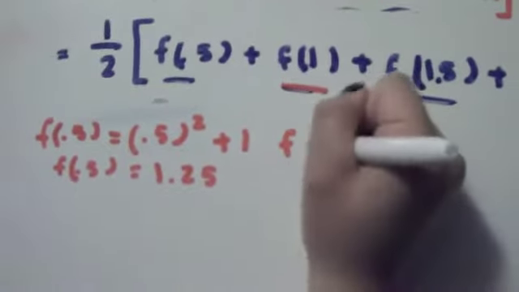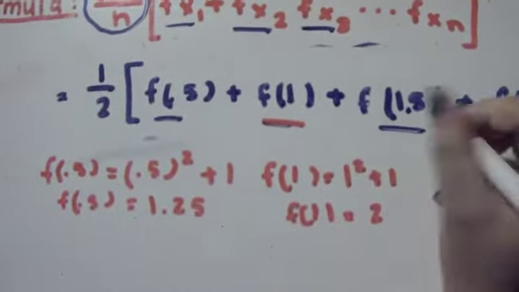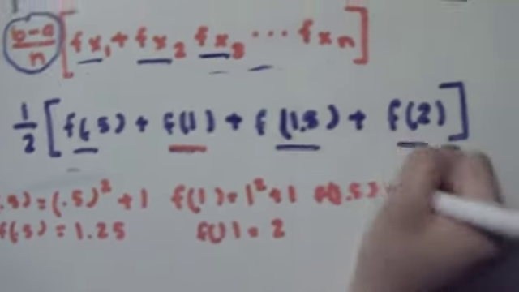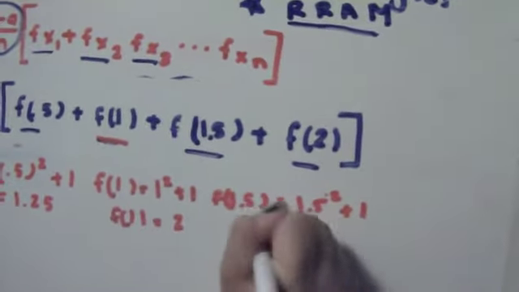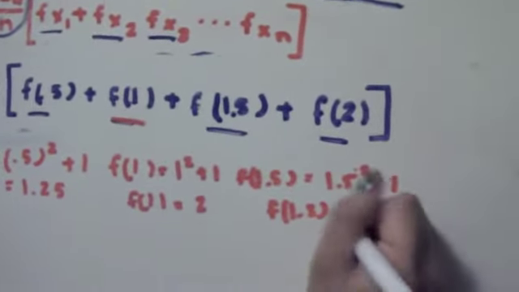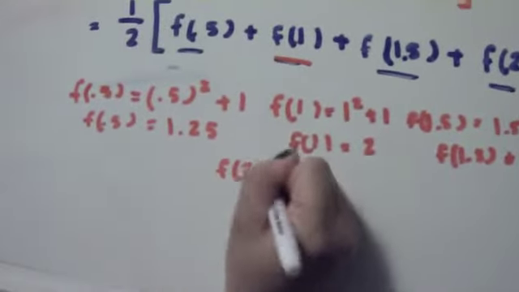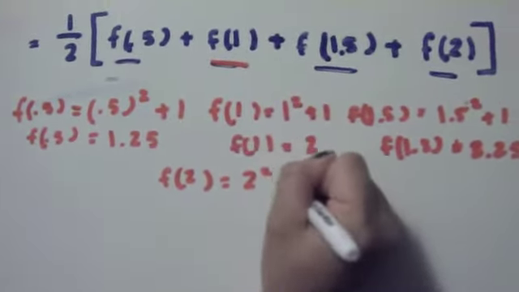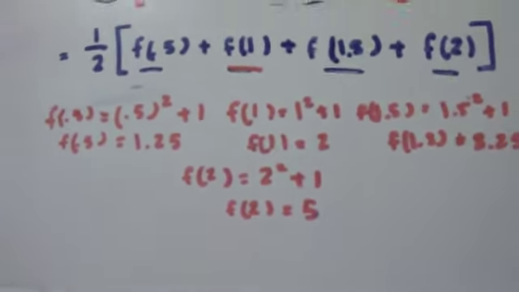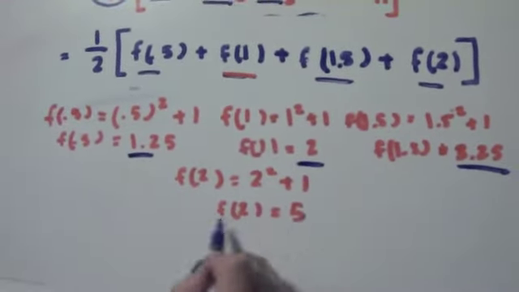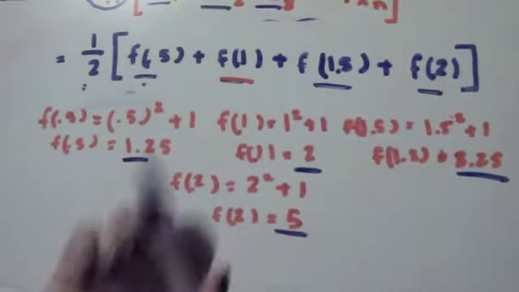Next, f of 1 equals 1 squared plus 1, so f of 1 equals 2. f of 1.5 equals 1.5 squared plus 1, so f of 1.5 is equal to 3.25. And finally f of 2 is equal to 2 squared plus 1, which is equal to 5. So these are our y values, or our heights.